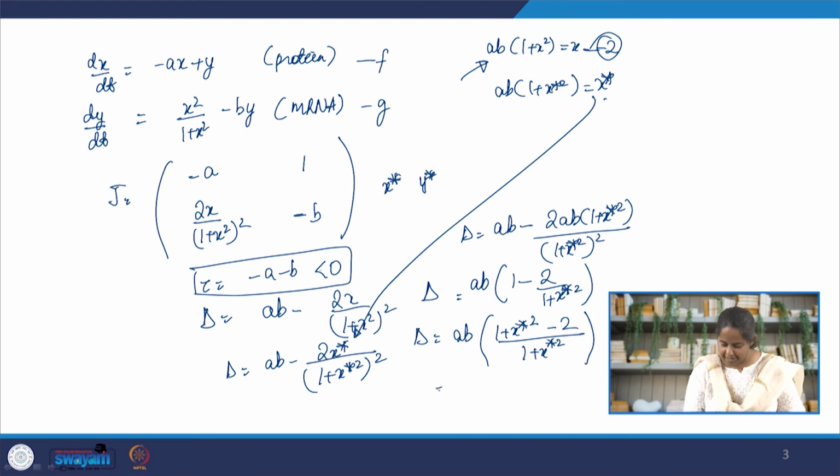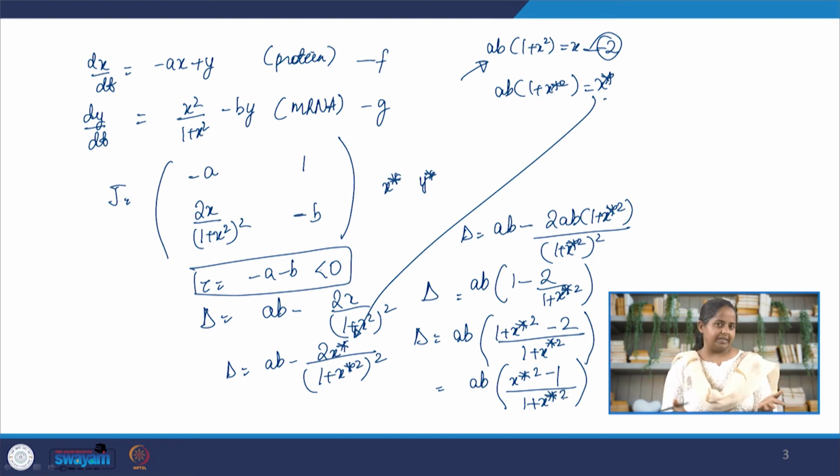Again this becomes very simple, and there is a reason why I'm doing this instead of directly finding the fixed points, because I know it's going to be very calculation intensive. Okay, now let's look at the system.